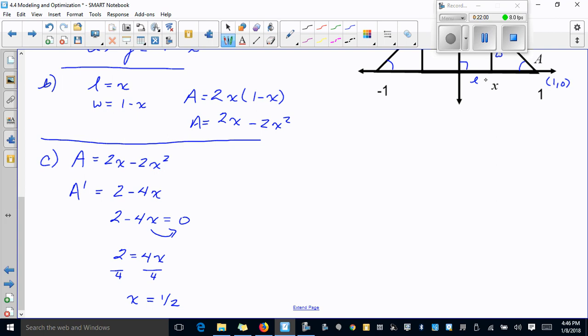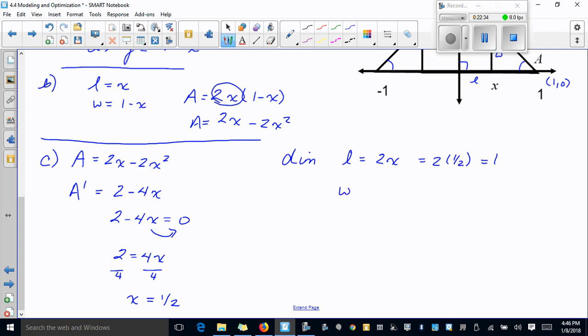Now remember, x is only going from 0 to 1. So x equals 1/2. But keep in mind up here that because there are 2 rectangles, we had to double that up. So our dimensions: well, the length is going to be 2 times x, which is 2 times 1/2, which gives us 1.